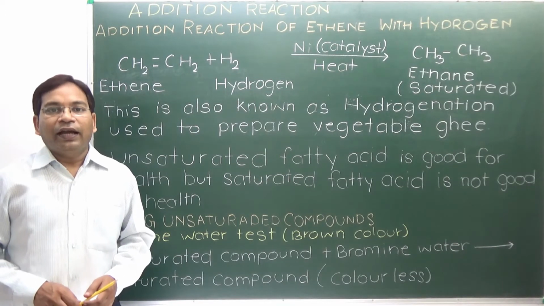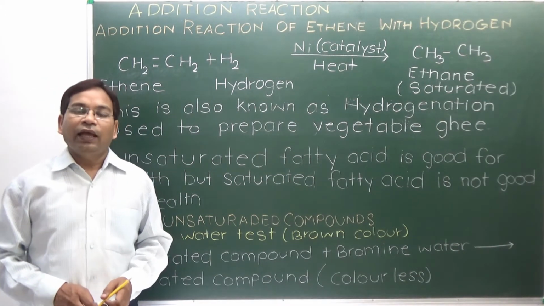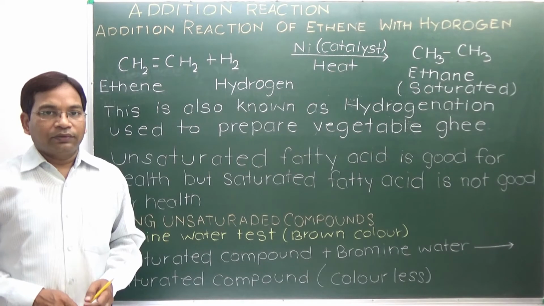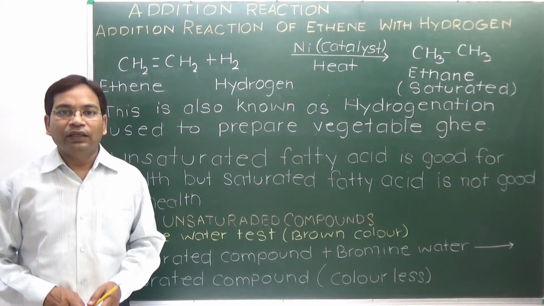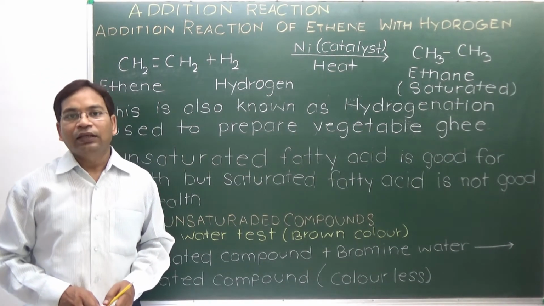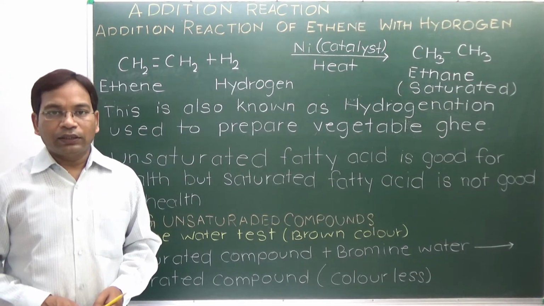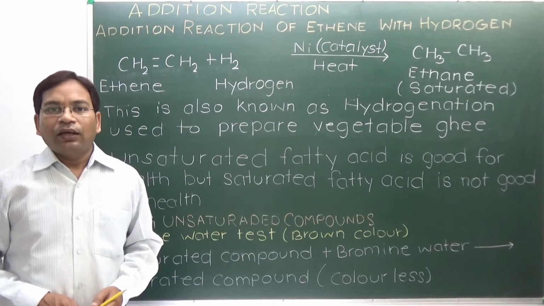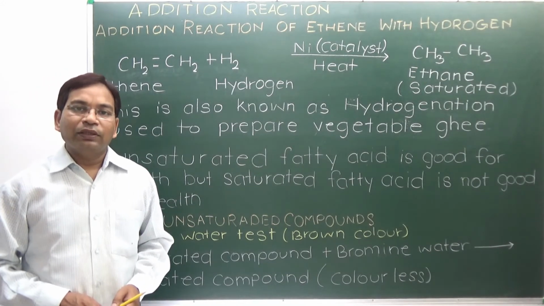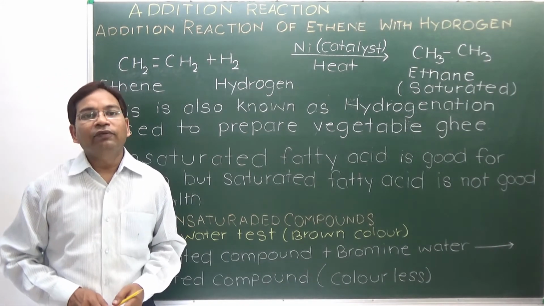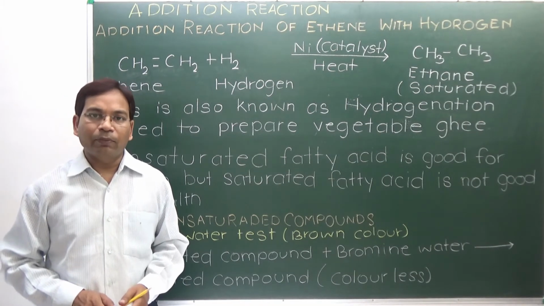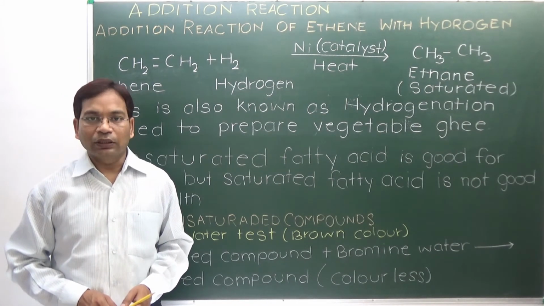Let's understand addition reaction with the example of an alkene. Ethene reacts with hydrogen in the presence of nickel or palladium as a catalyst, and on heating produces the saturated compound ethane. In this reaction, the pi bond between the carbon atoms is broken and two new sigma bonds form between carbon and hydrogen.